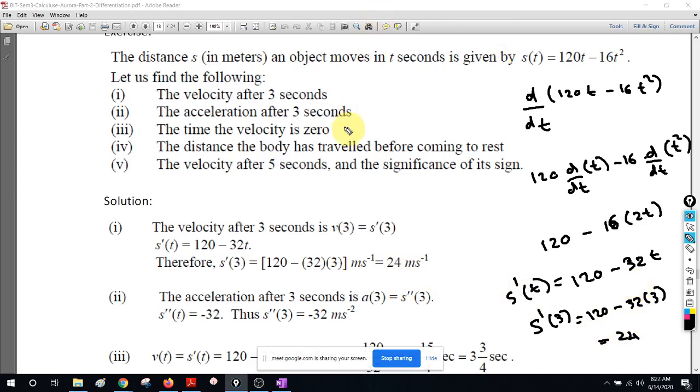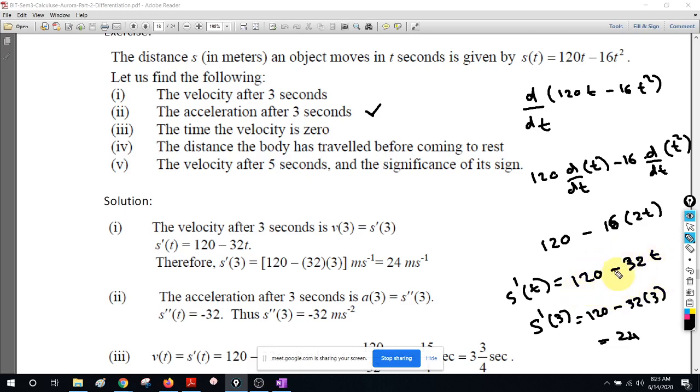Now they ask what is the acceleration after 3 seconds. We know that acceleration is the rate of change of velocity. This is the displacement function, and I have the velocity function. Now they are asking about the acceleration, therefore I am supposed to differentiate this again.